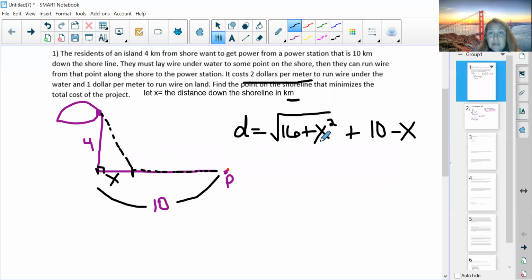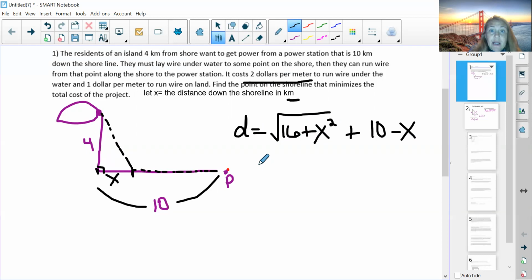So it's $2,000 per kilometer for this part of the length, but only $1,000 per kilometer for this part of the length. So I'm going to let my cost function be in thousands. So instead of writing 2,000, I can just write 2, but I'll know my final answer is in thousands.